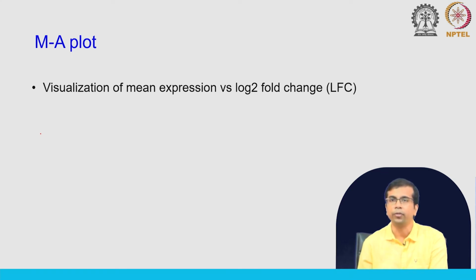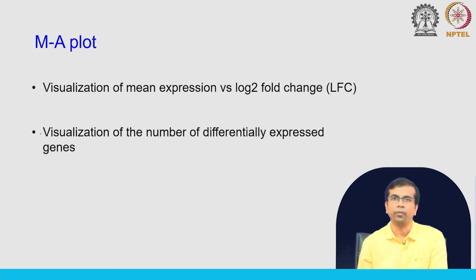What we look at here is the mean expression versus log2 fold change. How do you calculate this? In a moment I will talk about this. We calculate two parameters, M and A. When you plot the mean expression versus log2 fold change, you can see the number of differentially expressed genes and their distribution of log2 fold change.